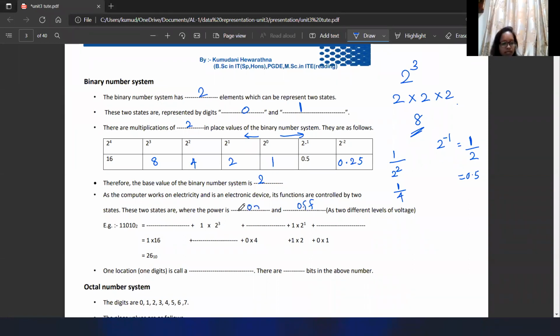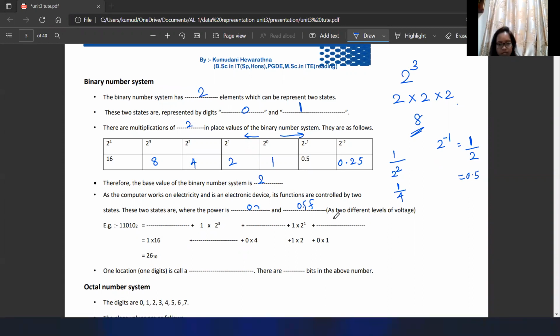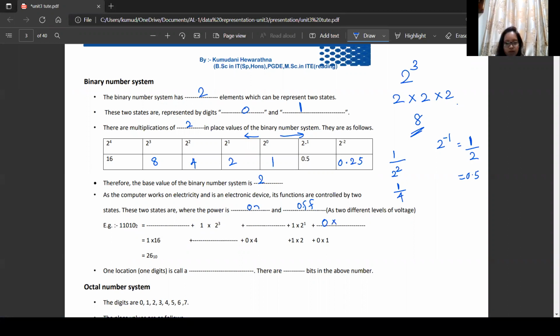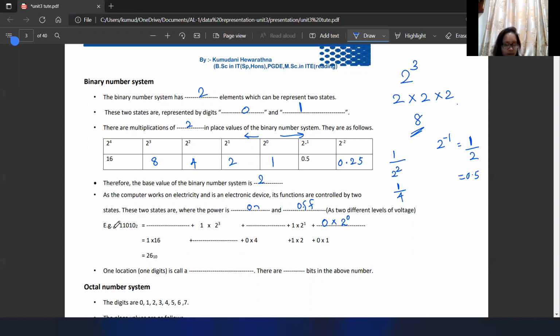So the given example, you have to write down the place values. We will start from this corner, right? The last one is 0 now. So just 0 into what? 2 to the power 0. 0, right? Next one, 1 into 2 to the power 1.